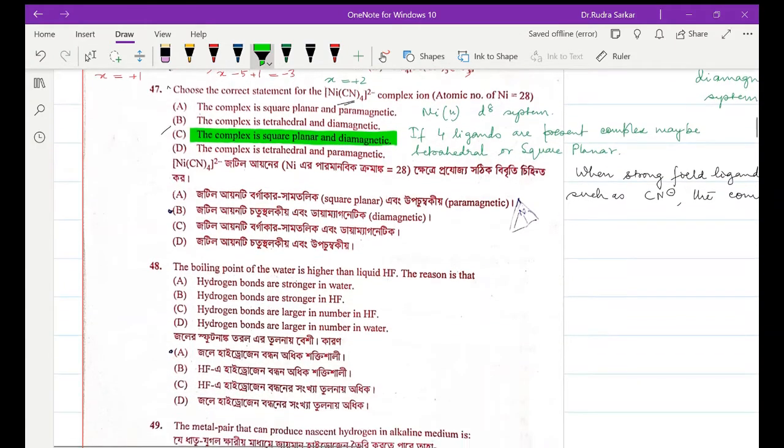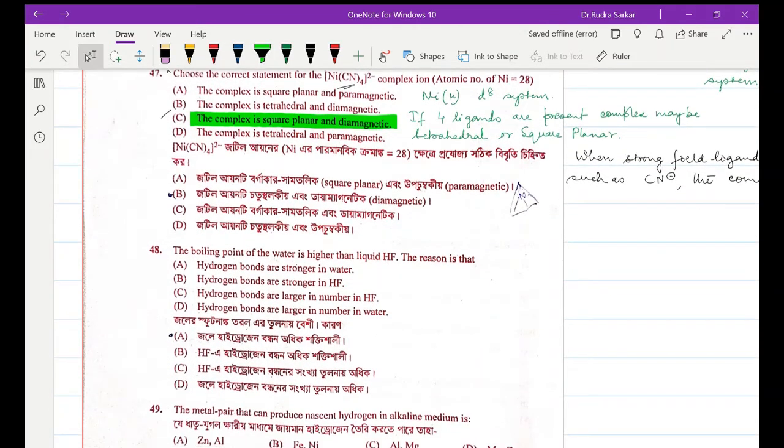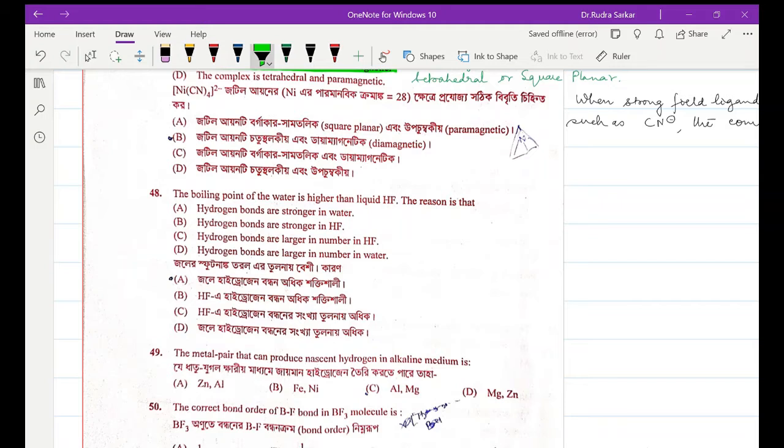Boiling point of water is higher than liquid HF. The reason for that is obviously we will say hydrogen bonds are larger in number in water. Now, how can one show that? We will just write a water molecule. So this is now in hydrogen bond with another water molecule. That is in hydrogen bond with another water molecule.